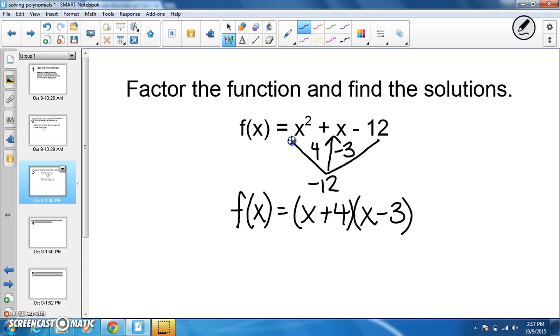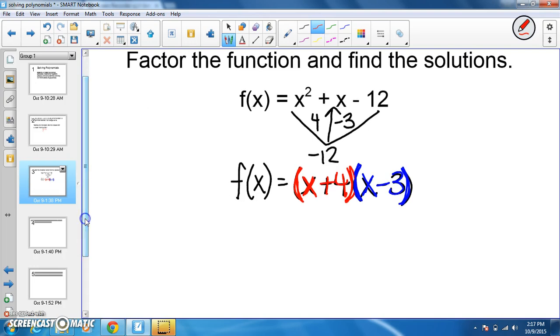Now that we have our factored form of our equation, we are going to take each one of these factors, so one is x plus 4, the other, x minus 3, and set them both equal to 0 and solve for x.